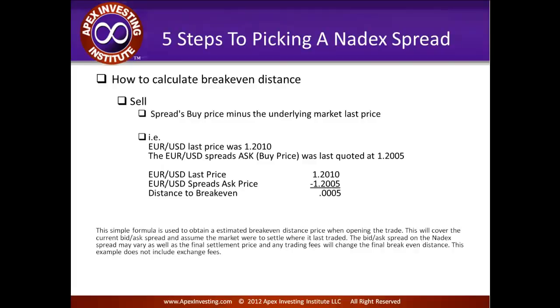So if the euro dollar is last priced at 1.2010 and the euro USD spread ask buy price was last quoted at 1.2005, then you take the last price 1.2010 minus the spread's ask price 1.2005, and you get your distance to break even, meaning the euro dollar needs to move down at least 5 ticks by expiration to be quoting the spread at 1.2005 or lower for you to be at break even or potentially profit.